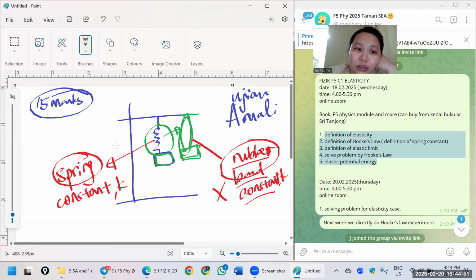But we try to train you in the stricter way, the most accurate way. So you might lose this mark in school, but you may get 1 mark in SPM. I don't know. Okay.